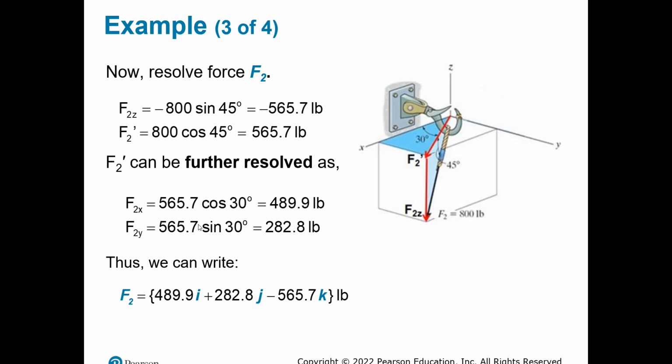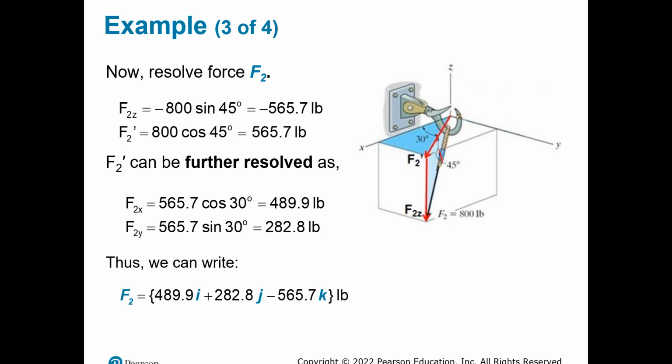So we know that F2 prime needs to be resolved into x and y. At first, we're just going to get the value of F2 prime, and that's given by 800 cosine of 45. Remember, you have a triangle right here. This is the F2 prime, right? But in order to get the F2 prime, you have to take your F and form a triangle.